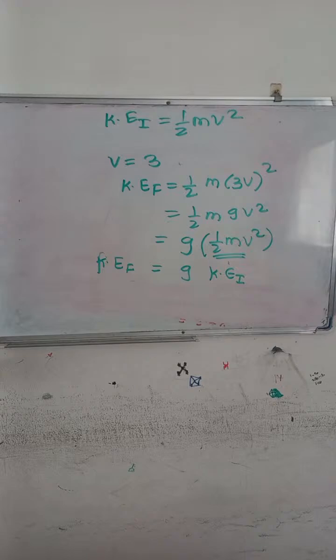Options are given: 25 joule, 10 joule, depends on the time, and the last option is 0. I will repeat one more time. A mass is moving with a speed of 5 meter per second along the x direction on a smooth surface, when a force of 5 Newton acts on it along the y-axis.